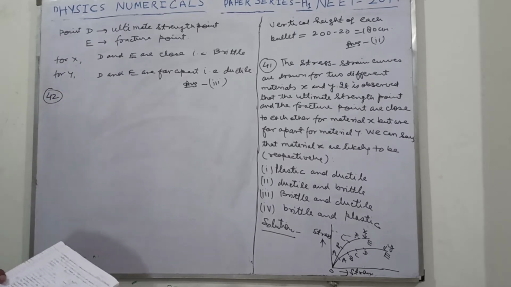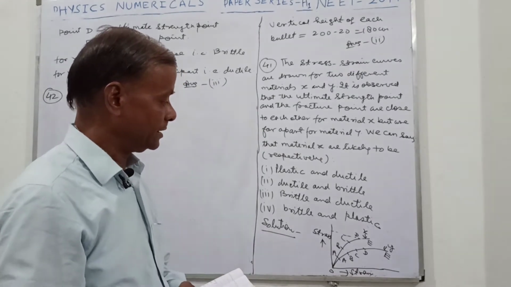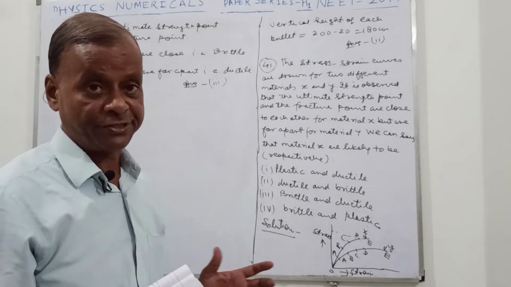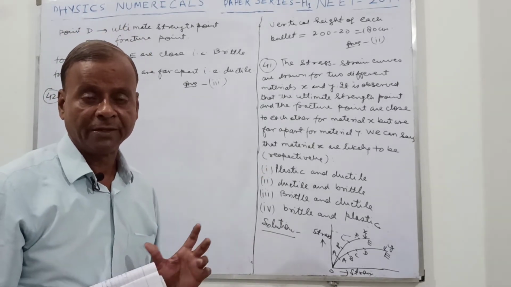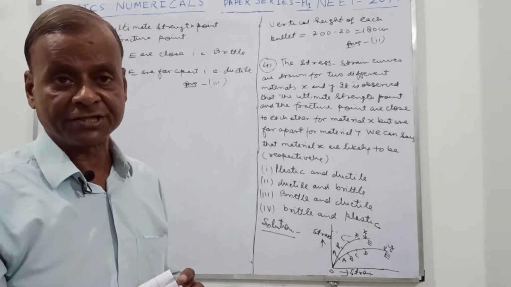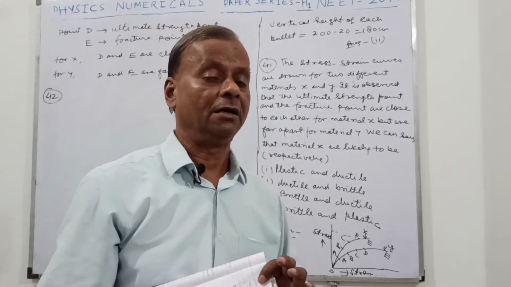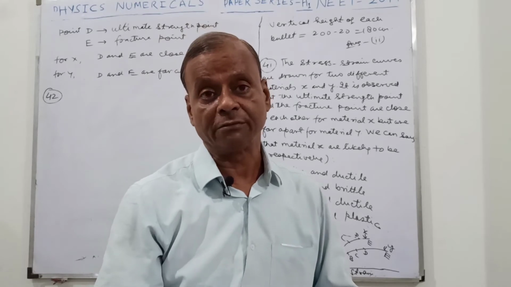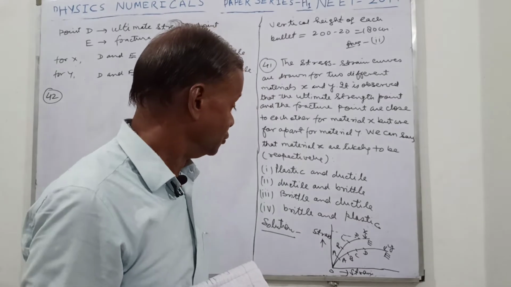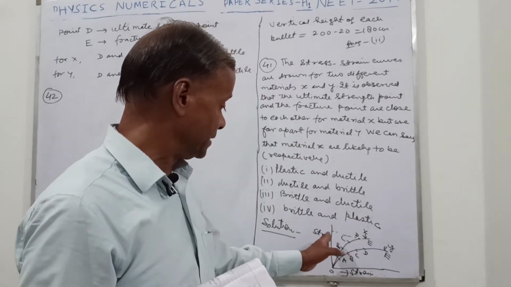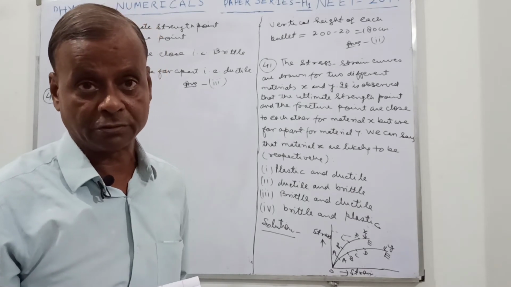So in question number 41, we have to know about the stress strain curve, and then you just find that the fracture point is also called the breaking point. With the breaking point and the ultimate strength point, where the elasticity is lost, if stress is slightly increased, the length increases to a large amount.